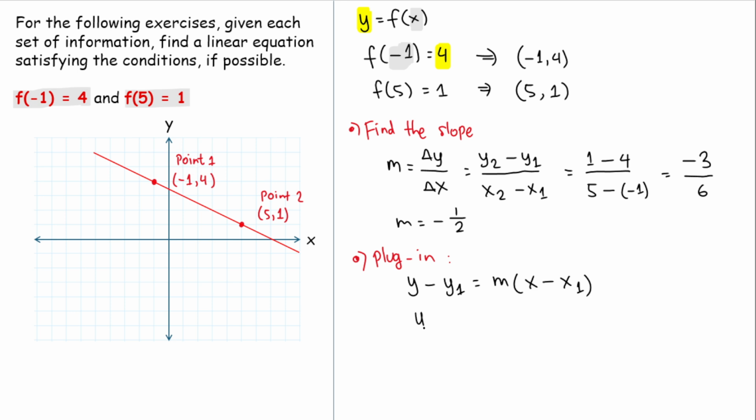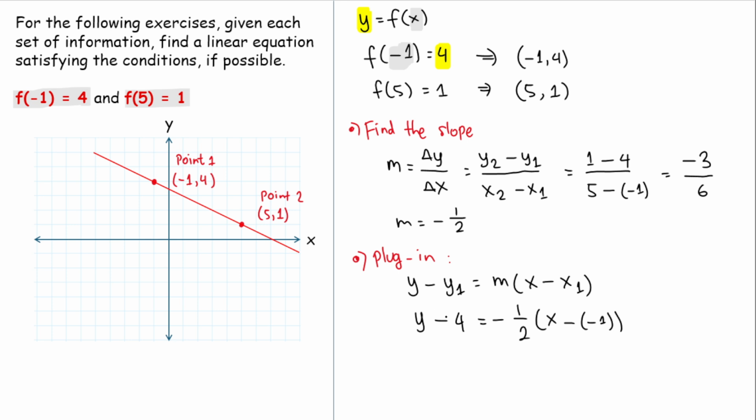So I'll have y minus y1, which is 4 here, and the slope is minus 1/2. Okay, that is good. And then we will have x, minus x1. x1 is minus 1, so I'll have x minus minus 1.